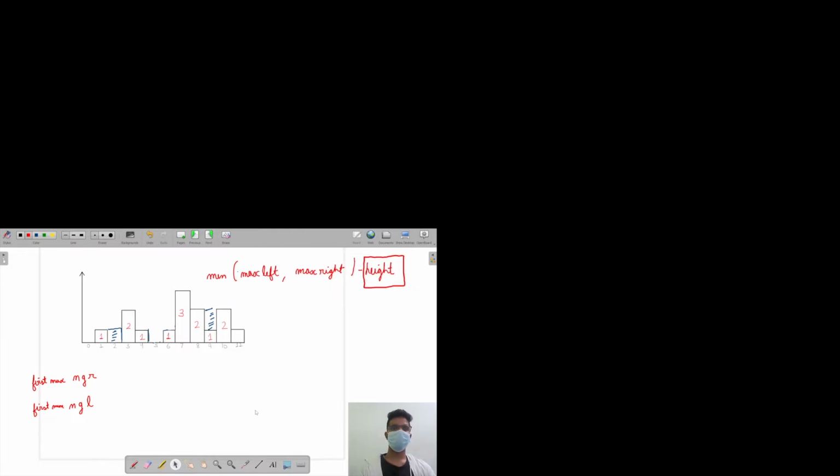And here you go. So this is our formula, minimum of max left, max right minus height. But there is a catch this time. So I want you to stay with me and see. So for 4th index, its next greater right is 3 and its next greater left is 2.